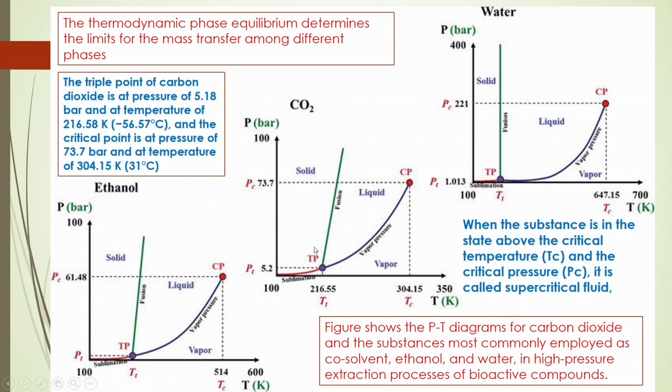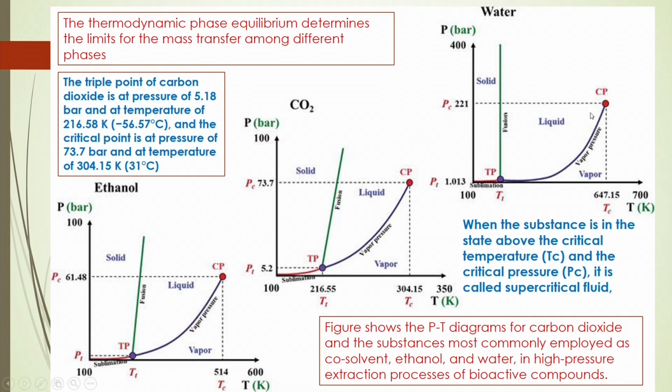So, the gas will be converting to solid, liquid, and supercritical fluid at different thermodynamic conditions of pressure and temperature. Above this critical point you have to remember that carbon dioxide gas reaches the supercritical condition beyond this pressure and temperature.